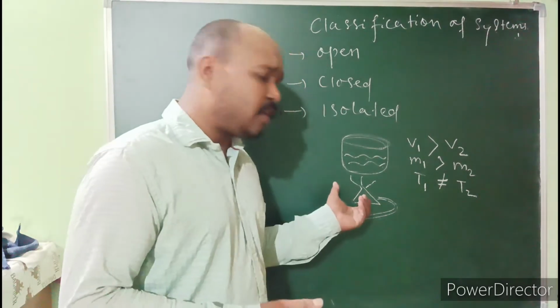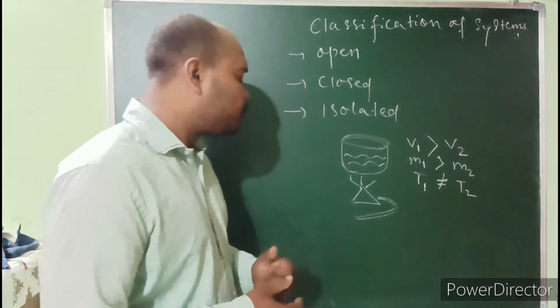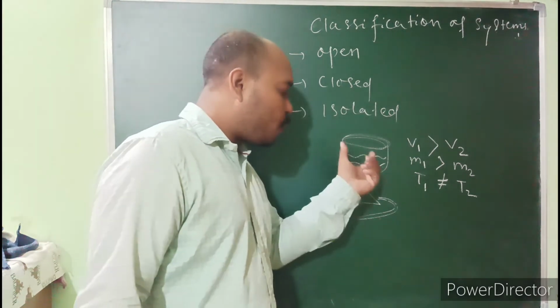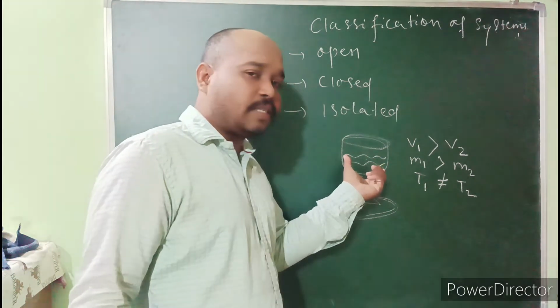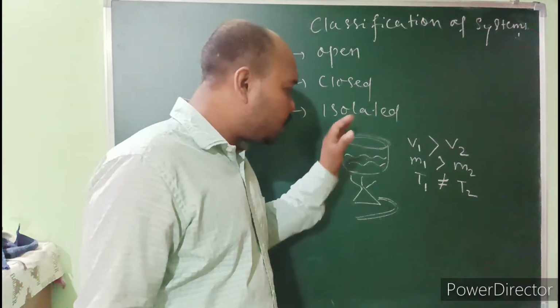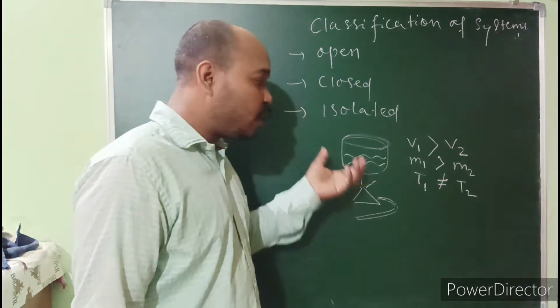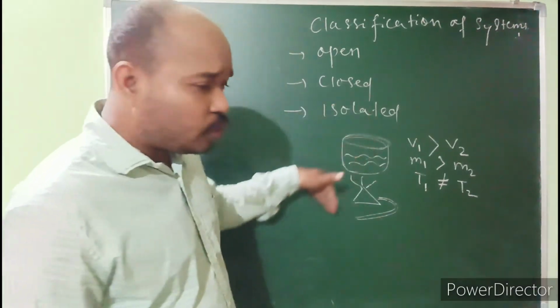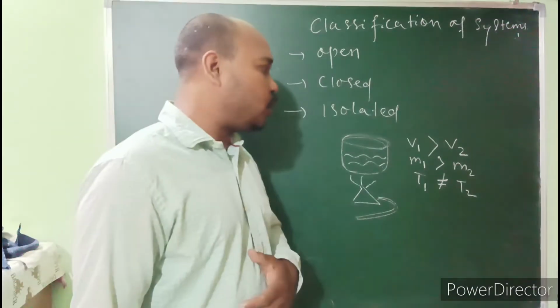Now what will happen? You can see during the process the mass or matter of the substance gets exchanged with the surrounding. Some matter was exchanged with the surrounding in the form of vapors, and energy was gained and then lost. There is exchange of energy also.